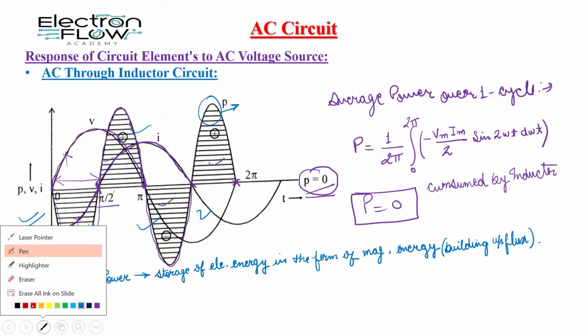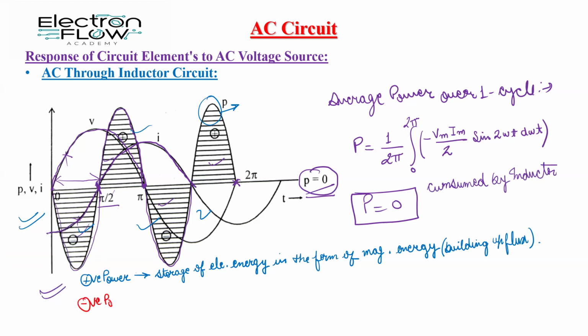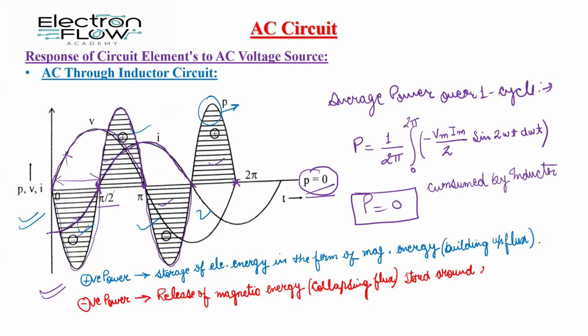And the negative power means the release of magnetic energy, which we can say is the collapsing flux stored around the inductor, back to the system.